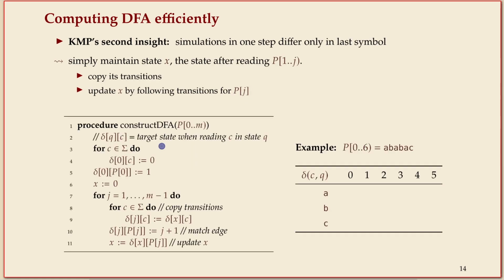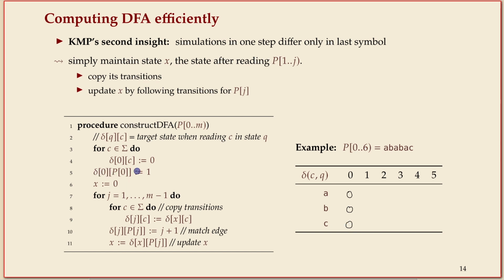That means constructing the automaton here in the code as computing this transition function in an array is very, very short and simple. I'll show you on the example. First of all, we initialize the first column to all zeros.